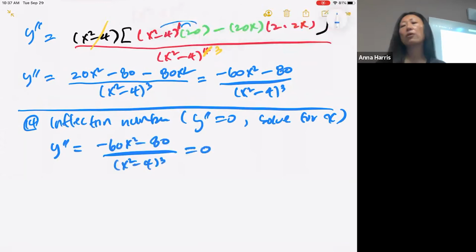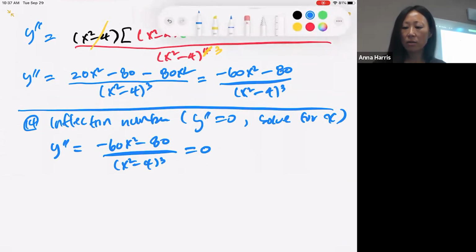Now we're going to do just like we've been doing. We're going to multiply each side by our denominator.